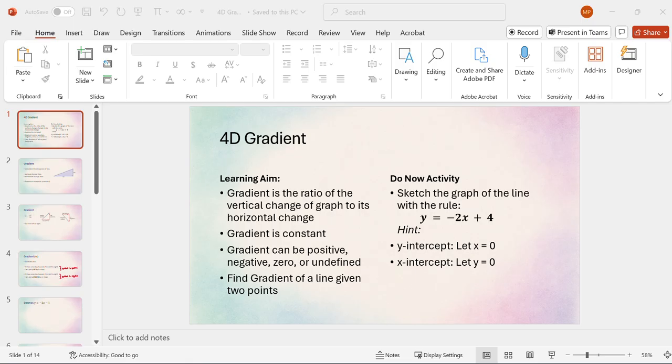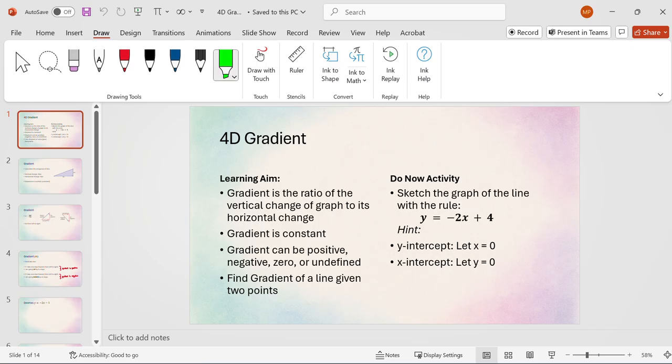Okay. So a couple of things you should know by the end of today: the gradient is the ratio of the vertical change to its horizontal change. We'll talk more about this. There's a specific formula that we use. You need to know that the gradient is a constant, aka just a number.